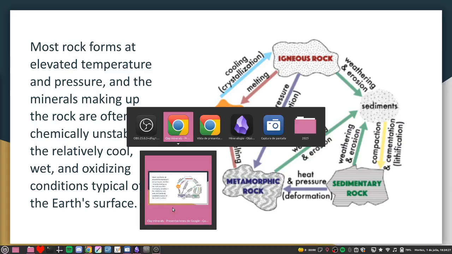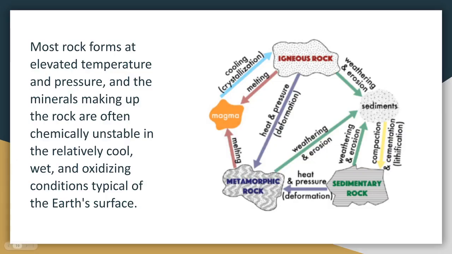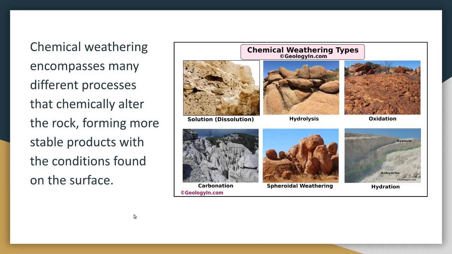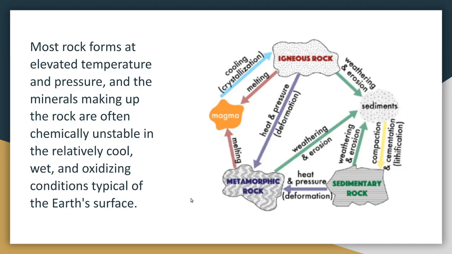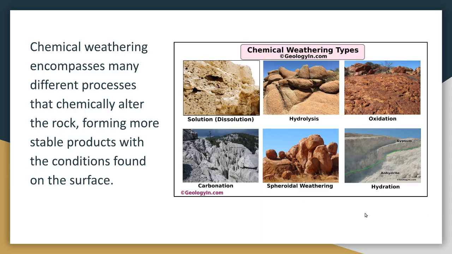Of course, water also comes into play in this case. We have chemical, physical and biological weathering. We will in this case of course be focusing on the chemical weathering, which has a lot of types.